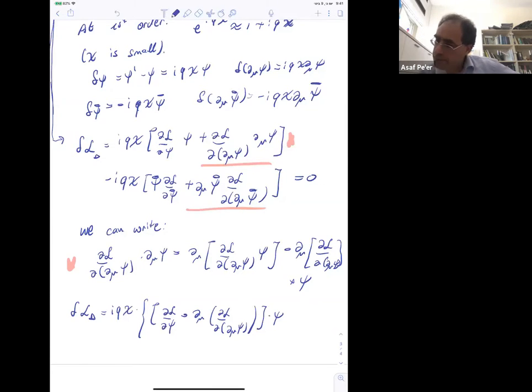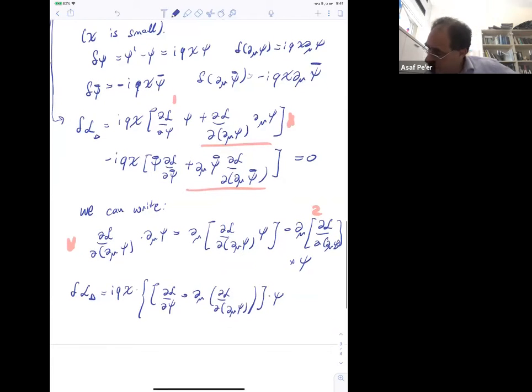So I took terms number 1 and 2. And now the last term, that is plus d mu of dL over d d mu psi times psi.